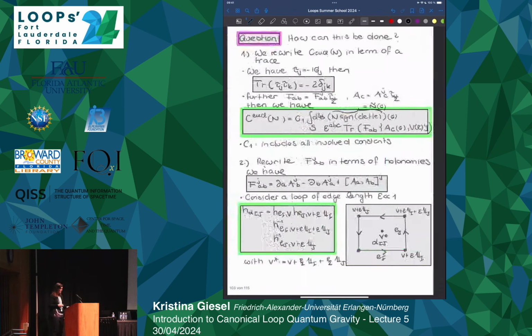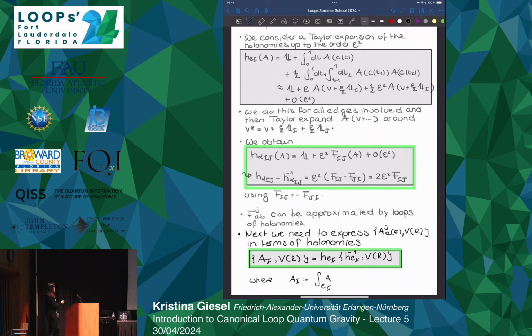And then one can show that this loop holonomy along alpha_ij can be written as the identity in lowest order. The linear orders cancel out, and you get in second order exactly F_ij, and then you get higher order terms which we neglect.